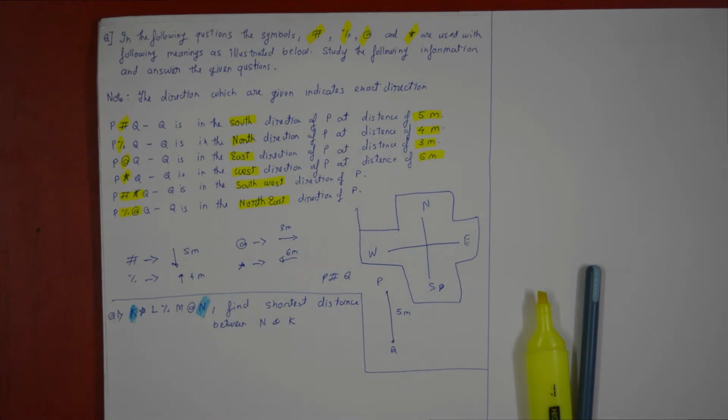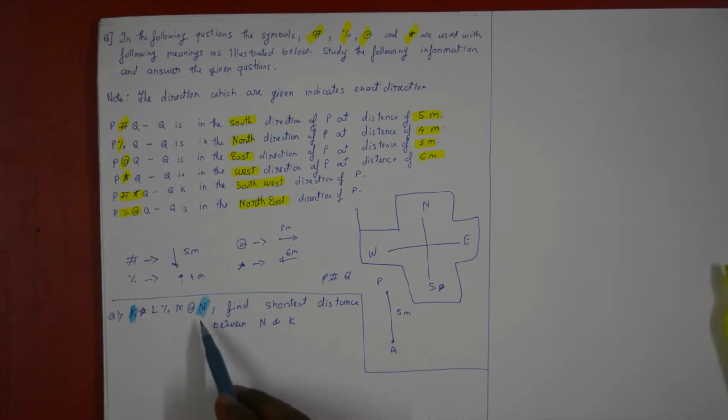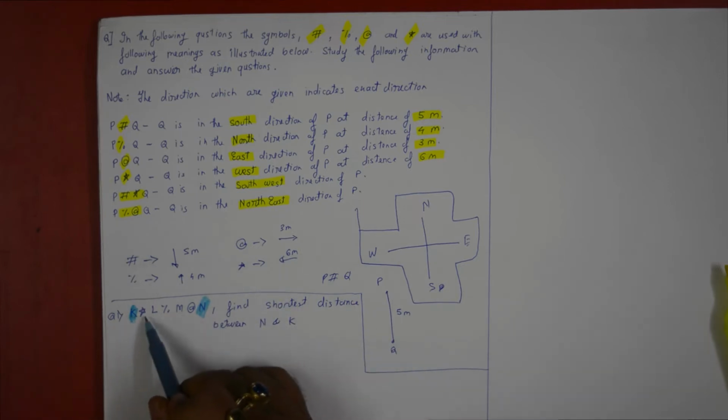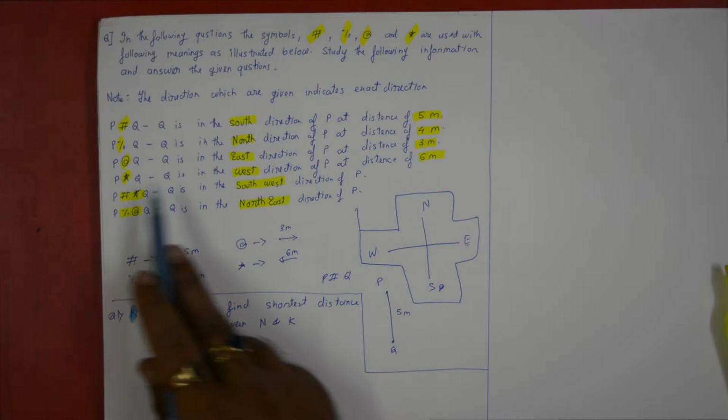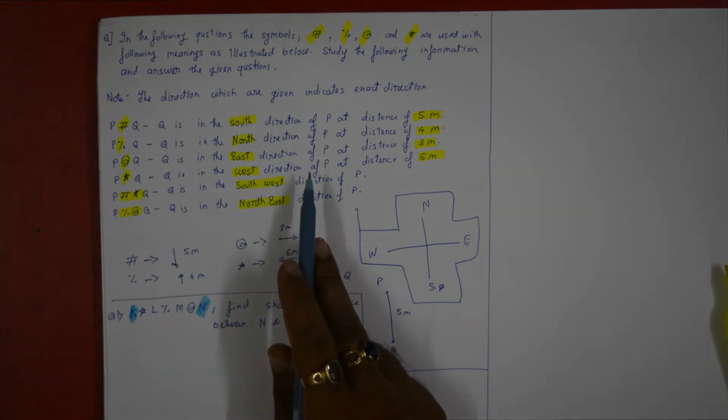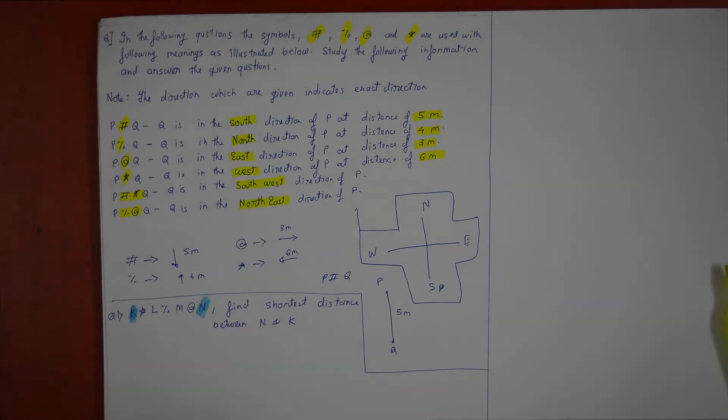Now one part is clear, that we have to plot the direction diagram. The best way to start is most important, and for that there is a trick. If you see K star L, star means K is to the east of L. This is very important.